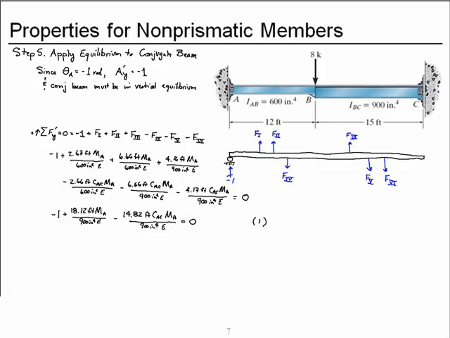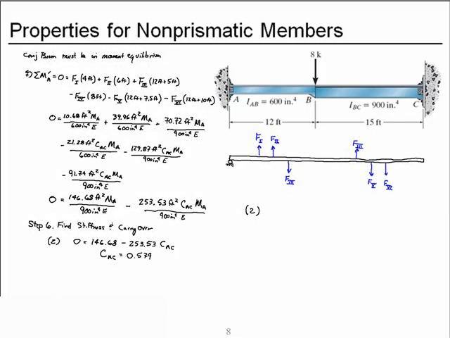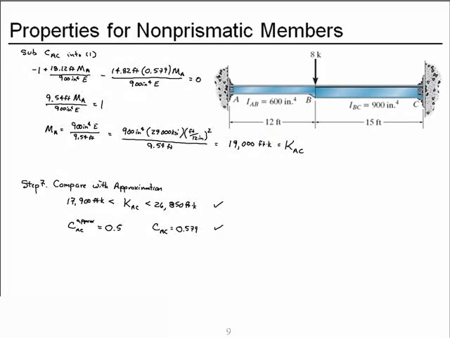So we drew our free body diagram of the conjugate beam and applied force equilibrium to obtain our first equation and moment equilibrium to obtain our second equation. And then we solved those two equations for the two unknowns, first obtaining the carryover factor, then the bending stiffness.